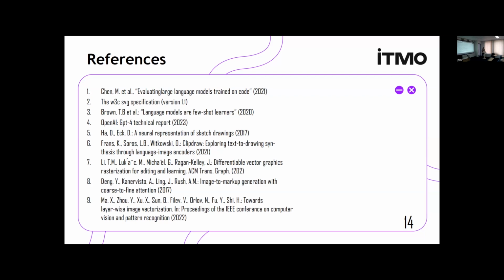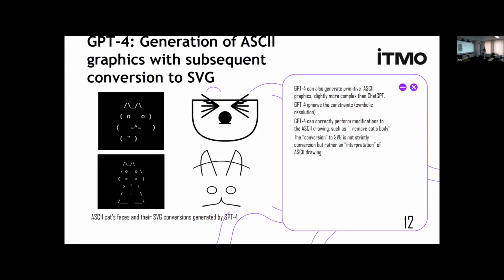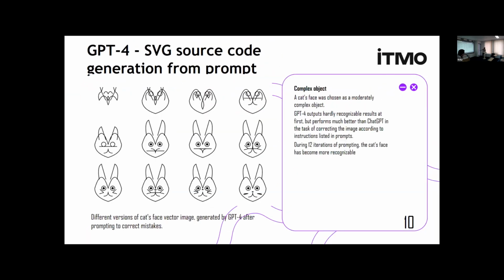And GPT-4 performs significantly better in this task. Let me show an image. So when I was prompting this cat's face, I asked the model, for example, to add black circles inside the eyes and to change the number of whiskers, and it was successful in doing this.